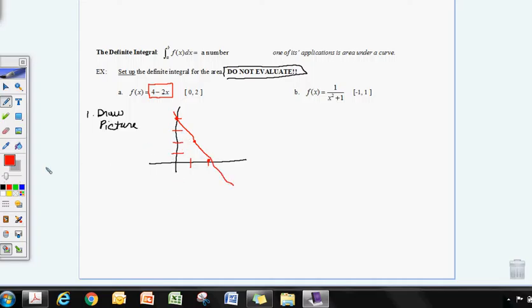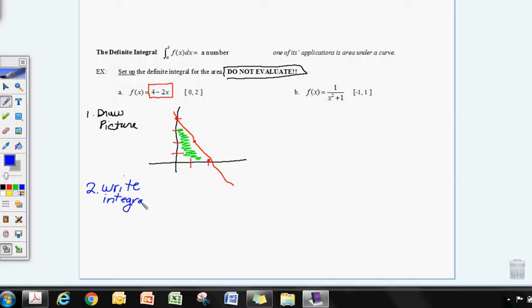Let me switch colors, this would be the region that you would want to find the area of. Okay, so that's step one, draw the picture. Step two is going to be write the integral. So now we're going to actually start to write the calculus stuff that goes along with this.